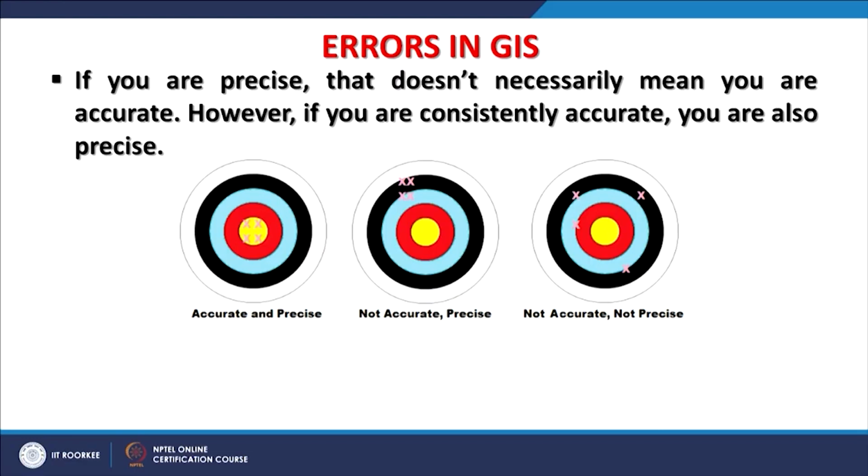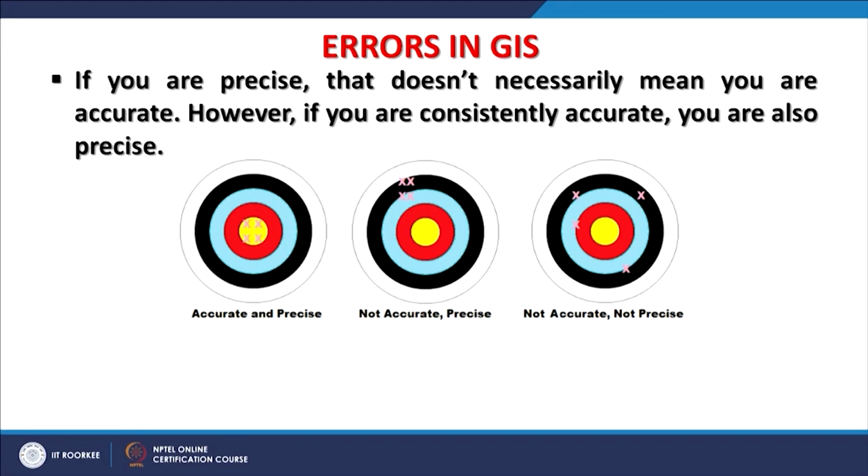In the second example, it is not accurate but precise, because all our markings are almost in the same area, but not accurate, because we are very far from the center point, or bullseye, as we say in short. Whereas the third example is neither accurate nor precise, because all our hits are scattered along these circles, and they are quite far from the center point or bullseye.